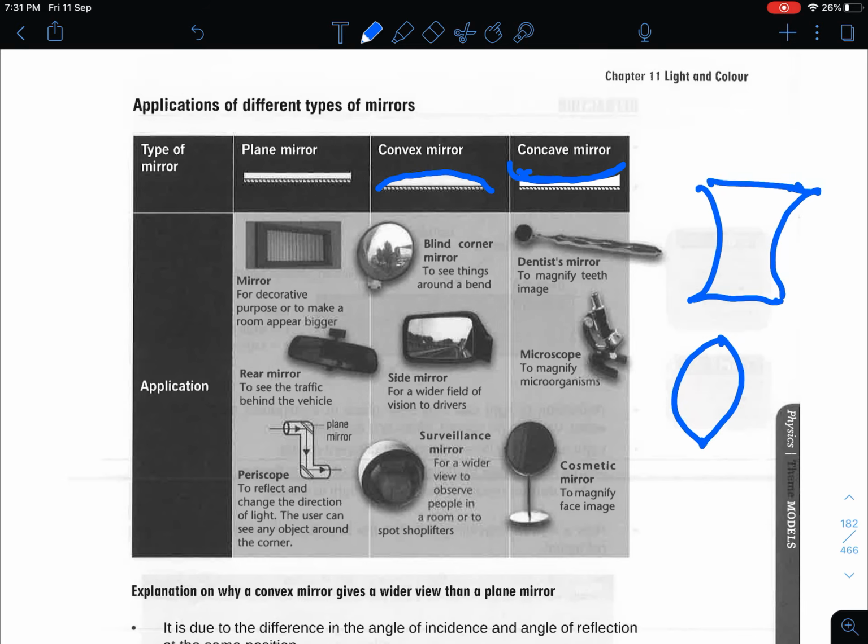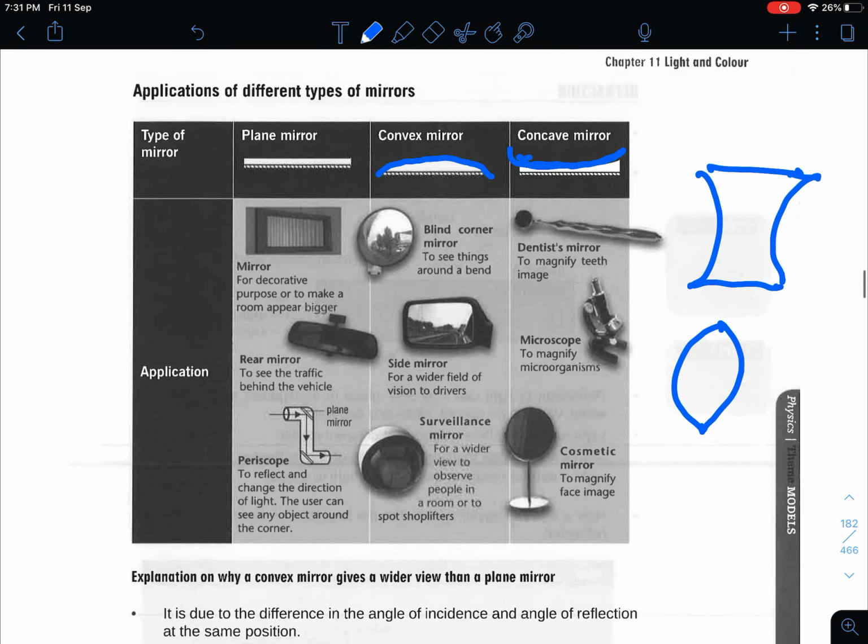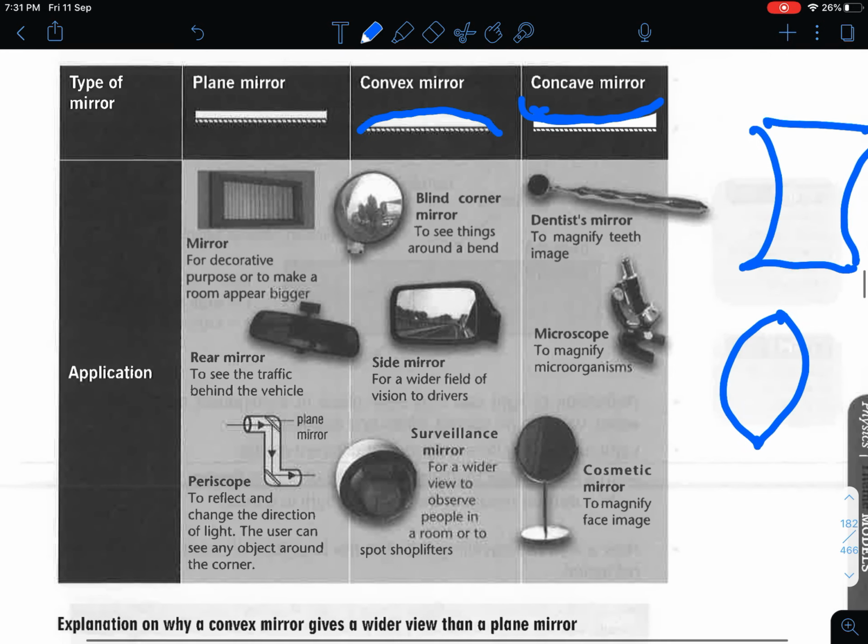So they have different applications. For a plane mirror, they tend to be used for decorative purposes, or even to look at areas which you can't see directly, through reflection, like the periscope in a submarine. If you want a convex mirror, you tend to want to see things behind a bend, or to have a wider field of view.